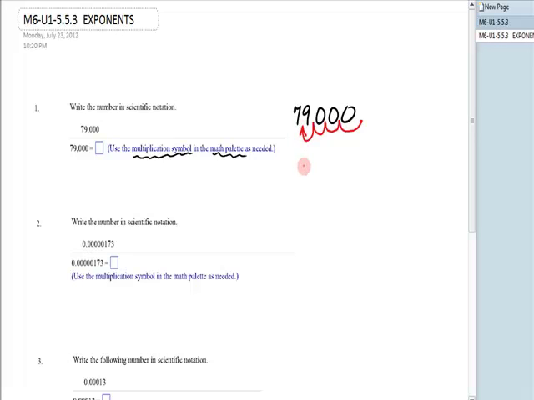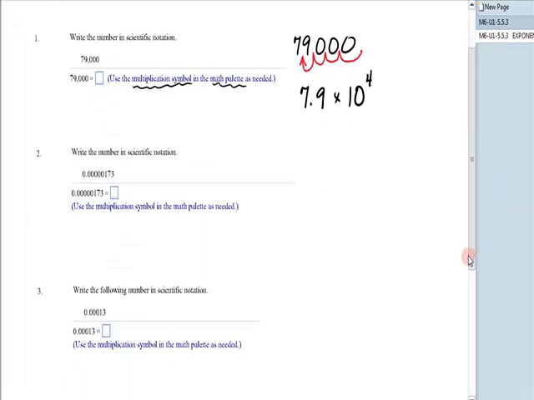In scientific notation, this will be 7.9 times 10 to the 4th power, and it's positive 4 because that was a big number. So I moved it 1, 2, 3, 4 places. I put it as 10 to the 4th because it was a large number.